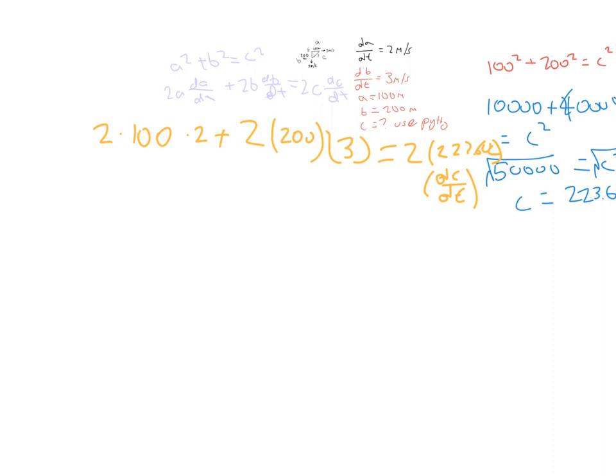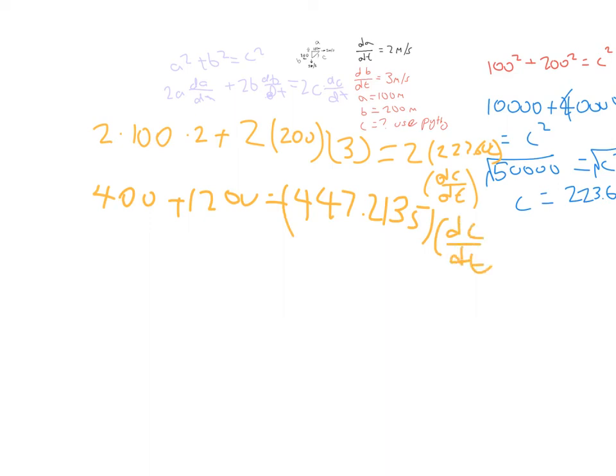So when we multiply this out, we will get 400 plus 1200. This will be 447.2135 times dc over dt.